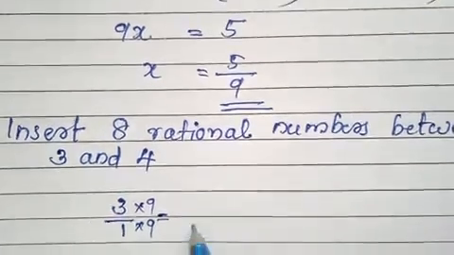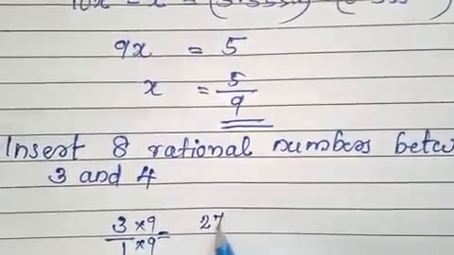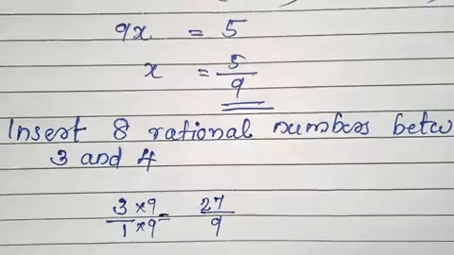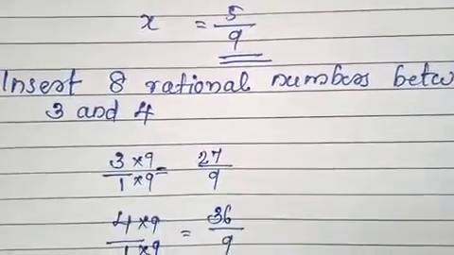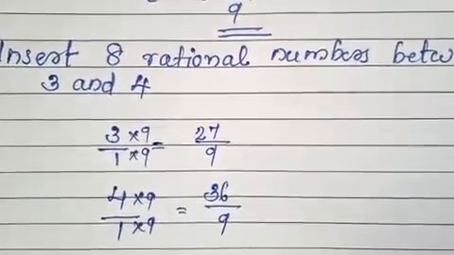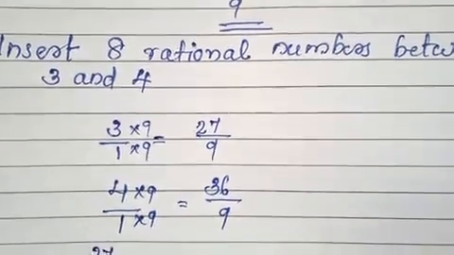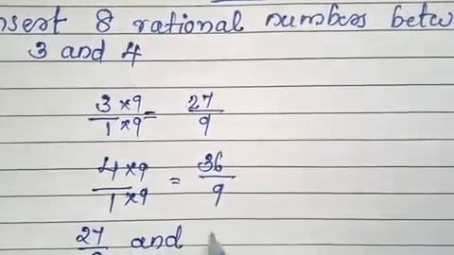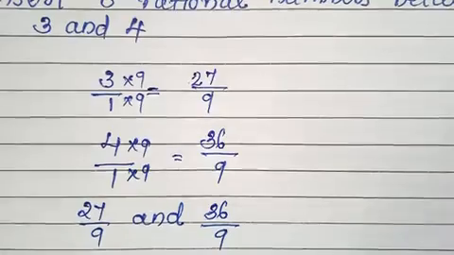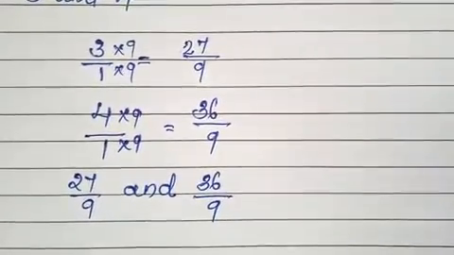So we will multiply. Here we will get 27 by 9, and here we will get 36 by 9. So we got 27 by 9 and 36 by 9. In between, which numbers are there?